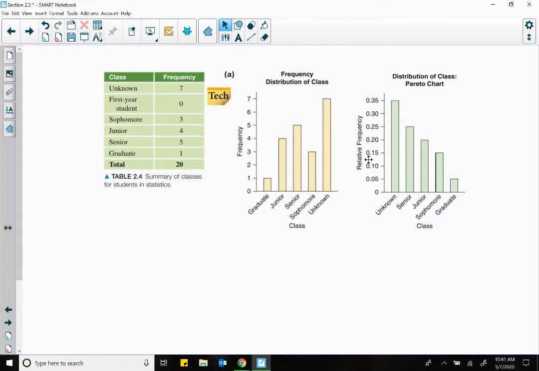What you're looking at right over here, this is the relative frequency, same relative frequency that we talked about in histograms. Okay, so again, to find relative frequency for graduates, it says it's about 0.05. That's because they took 1 divided by 20. Okay, and if you go to your calculator, take 1 divided by 20, that gives you 0.05.